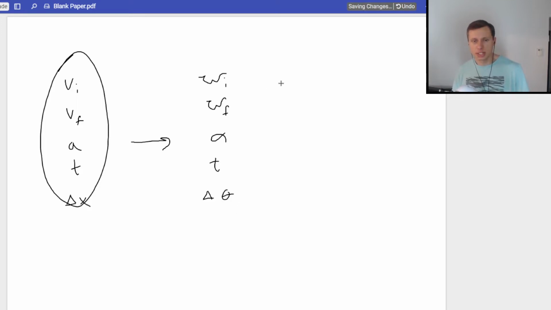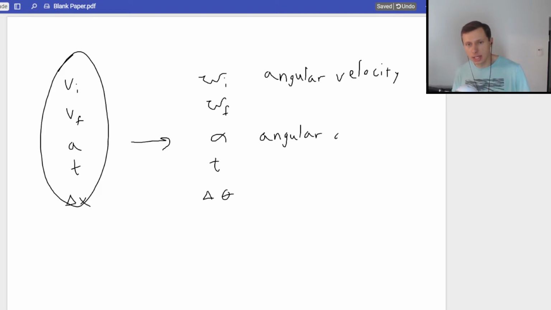Now just real quick to say what each of these is: omega initial is initial angular velocity. Omega final is just final angular velocity. Alpha is angular acceleration. Time is the exact same thing, it's just time.